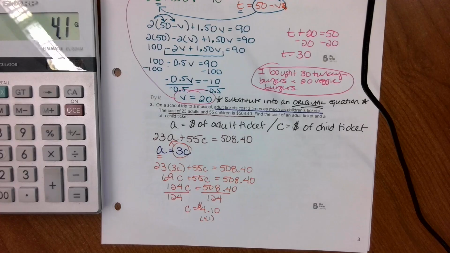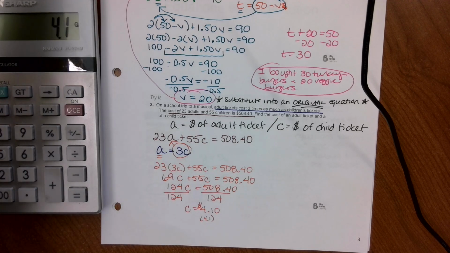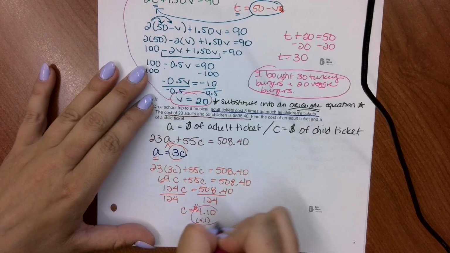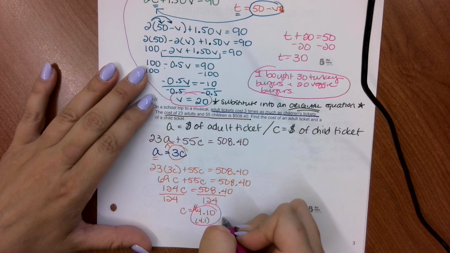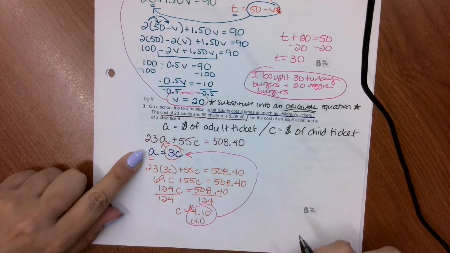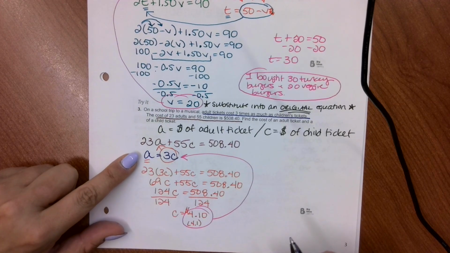That's great. You can leave that as 4.1 for now. We're going to talk about that a little bit later, though. All right, so I found my child's cost is 4.1. I'm going to take that child's cost and plug it in for C in the second equation because that equation looks a lot easier to deal with.